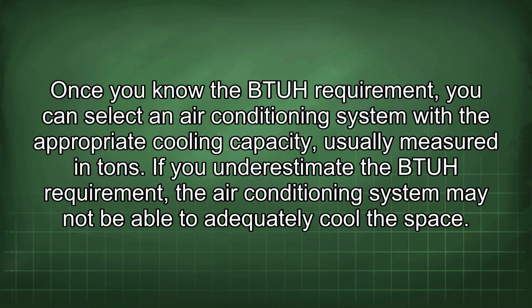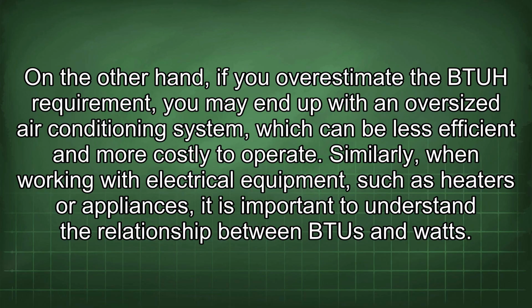Once you know the BTU/h requirement, you can select an air conditioning system with the appropriate cooling capacity, usually measured in tons. If you underestimate the BTU/h requirement, the air conditioning system may not be able to adequately cool the space. On the other hand, if you overestimate the BTU/h requirement, you may end up with an oversized air conditioning system which can be less efficient and more costly to operate.